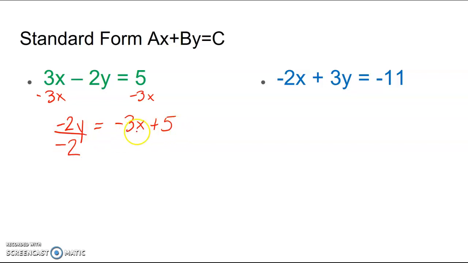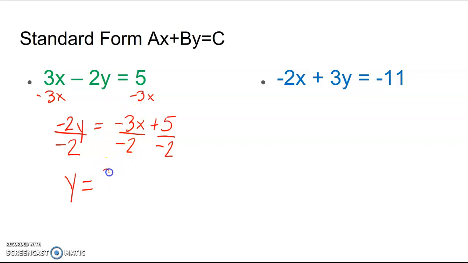Now, when I divide these two terms by -2, I'm going to really use the distributive property. I'm going to divide each term individually by -2. So I'm going to get, on the left, y equals -3 divided by -2. Remember when I said you can go ahead and leave your fractions as fractions and your improper fractions in improper fraction form? We're going to do that here. What is -3 divided by -2?